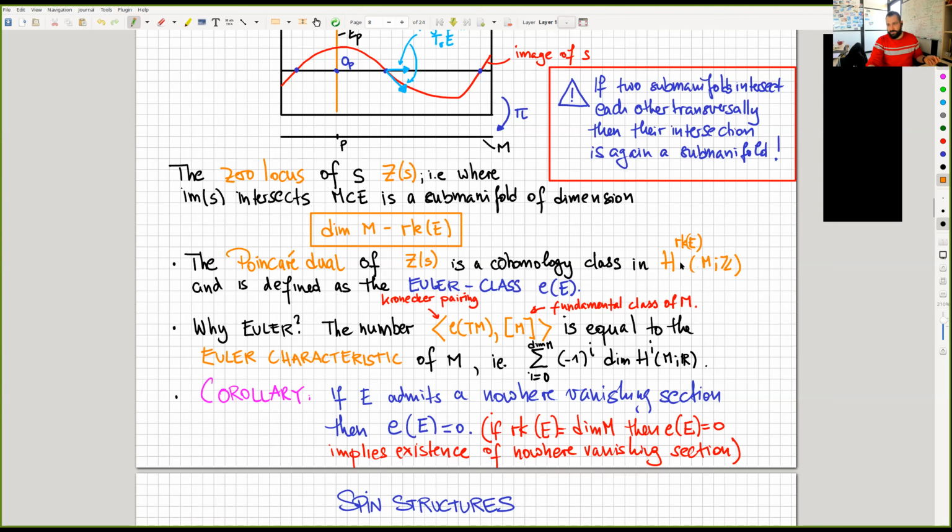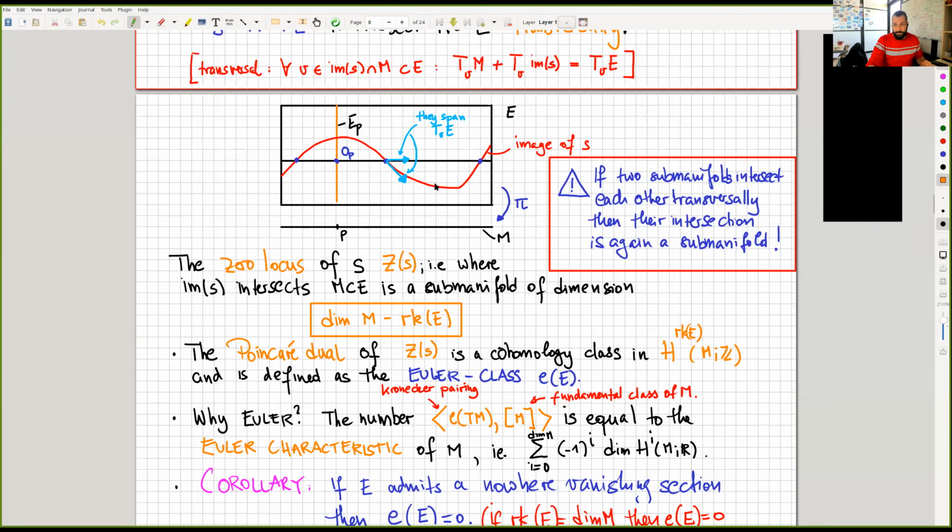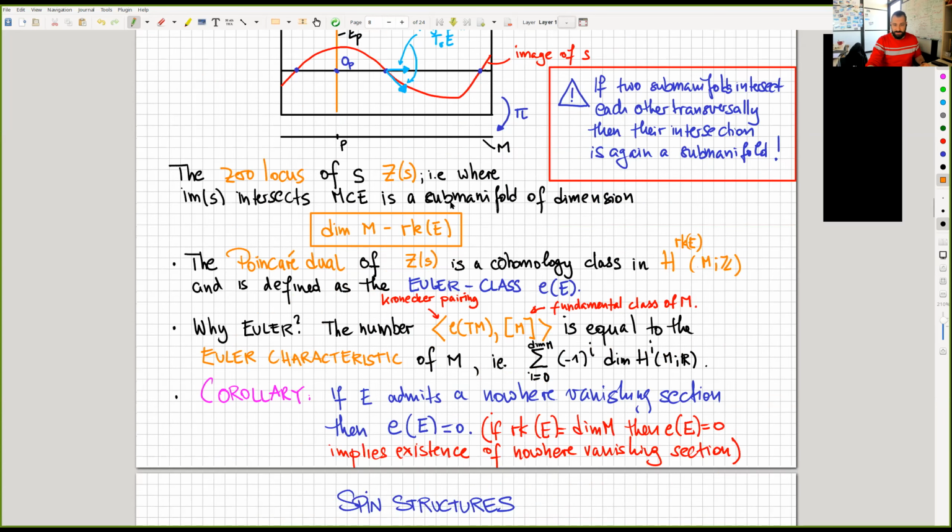And in that case, it's an element in cohomology class in dimension of the rank of the vector bundle, right? If your rank is 5, then you get an H5 of M with coefficients in Z something. And this is called the Euler class. So the Poincare dual of this manifold here, which comes from an intersection of two transversely submanifolds, this is called the Euler class.